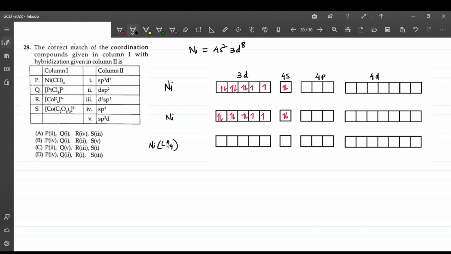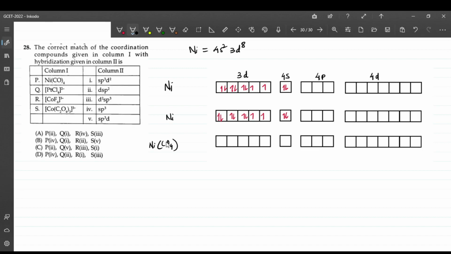So now, nickel in nickel tetracarbonyl. Now what is a carbonyl? Is it a strong field ligand or a weak field ligand? If there is a strong field ligand, then pairing of the electrons takes place, right? And if it is a weak field ligand, then pairing doesn't take place.